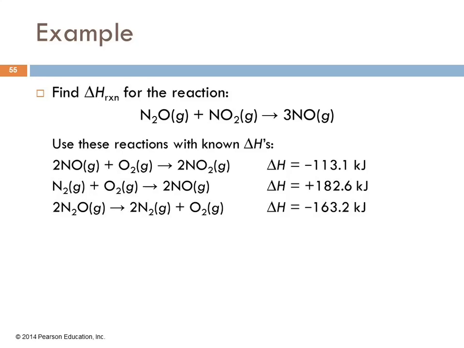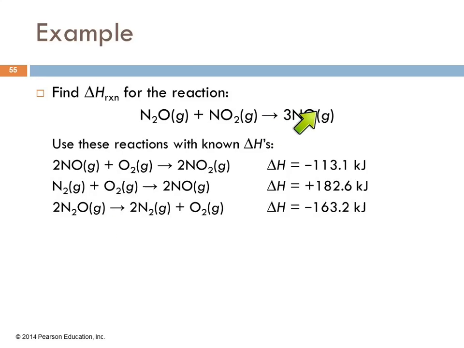We're not given calorimetry information or anything, but we're given these equations with these known enthalpy changes. So what we have to do is figure out how could we add, subtract these equations to end up with this. Okay? And this is kind of a trial and error sort of a deal.